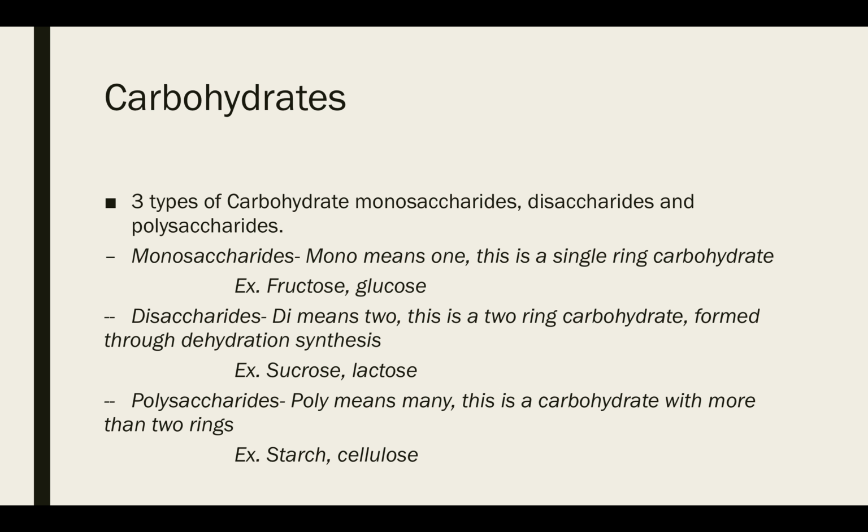An example is fructose or glucose. Disaccharides, di meaning two, are two-ring carbohydrates formed by dehydration synthesis. Examples are sucrose and lactose. And polysaccharide means many. This is a carbohydrate with more than two rings. An example is starch and cellulose.